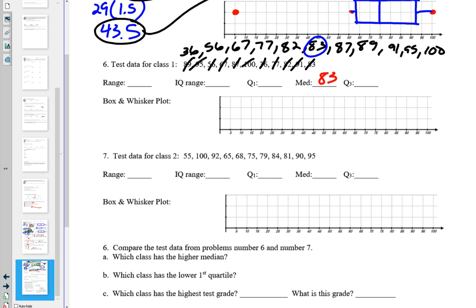But I still have 5 on each side, and 5 is still an odd number. So my Q1 is 67, and my Q3 is 91. My interquartile range will be 91 minus 67, which is 24. My overall range will be 100 minus 36, which is 64.